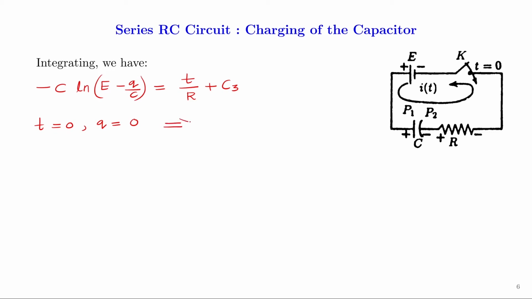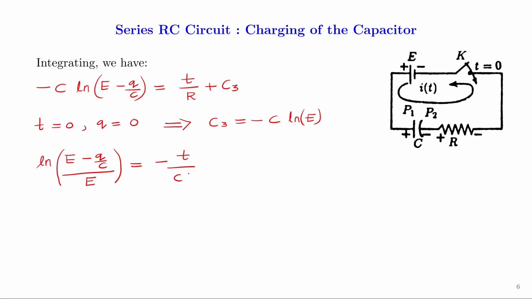And this gives us C3 equal to negative of C natural logarithm of E. And when we substitute this back into the equation, we have natural logarithm of (E minus q over C) divided by E equal to negative of t over CR, or we'll get q as equal to E times C times (1 minus e raised to minus t over CR).